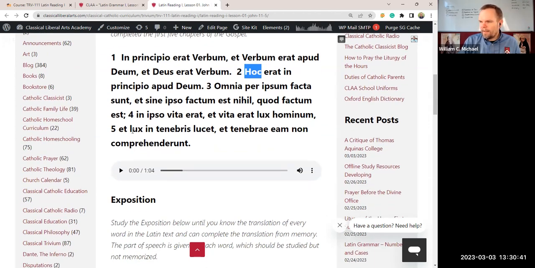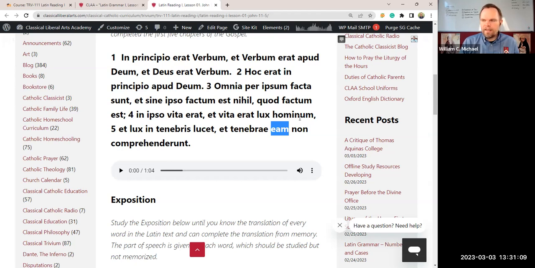In verse 5, we read, et lux in tenebris lucet, et tenebrae eam non comprehenderunt. And we've got this pronoun eam. Eam is a pronoun, okay? And does anyone know, if you already studied this passage, how we translated the pronoun eam? Does anybody remember? Don't guess, only answer if you know.